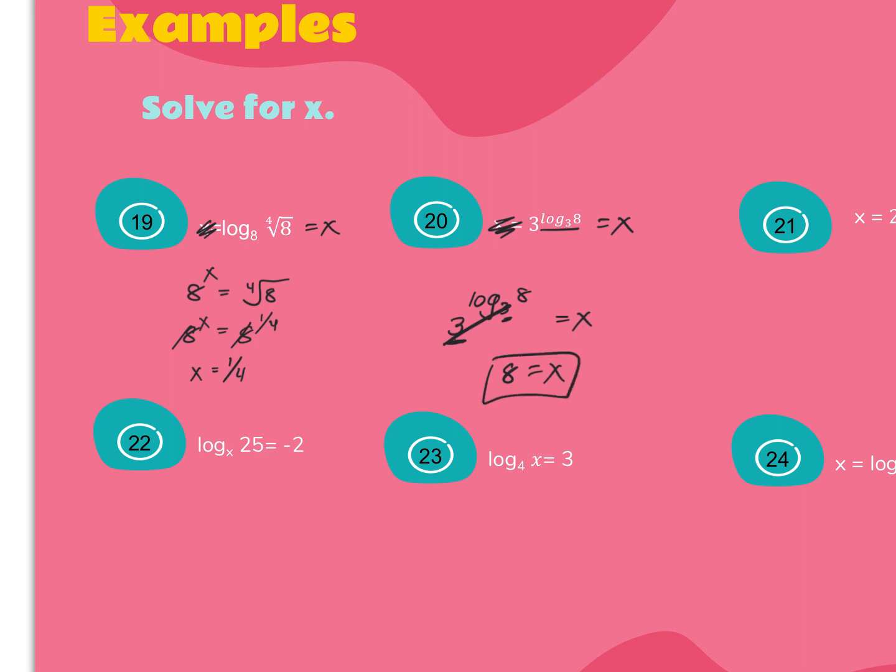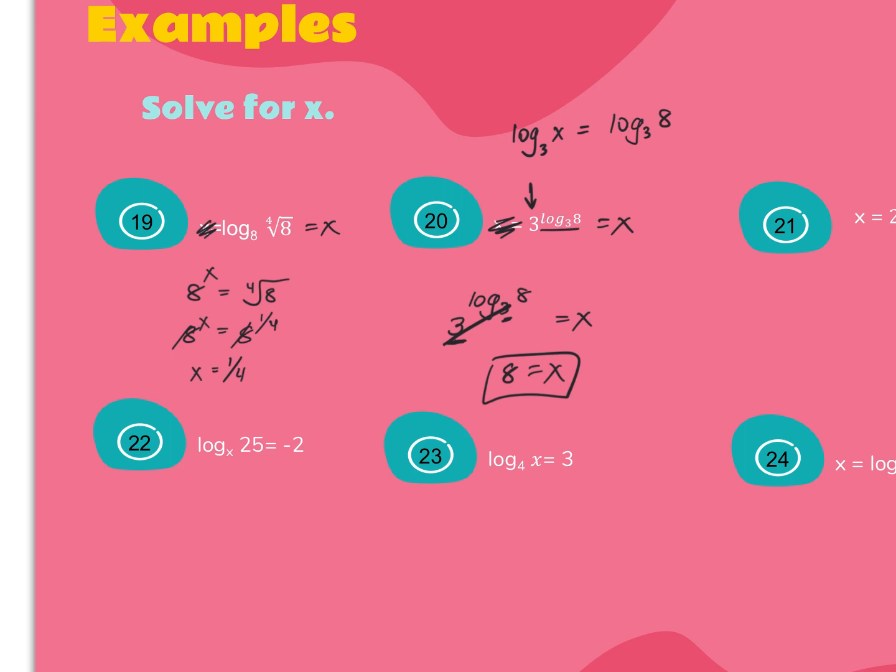Now, how would I do this in a little bit different way? You have to think about, this is really an exponential function, and if I was to write this, remember the exponential function would be log. This base would go here, right? This solution would go there, and on the other side would be my exponent.